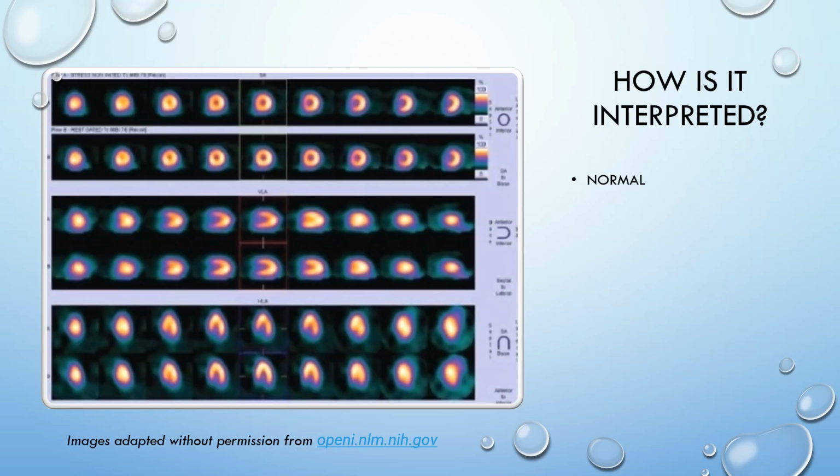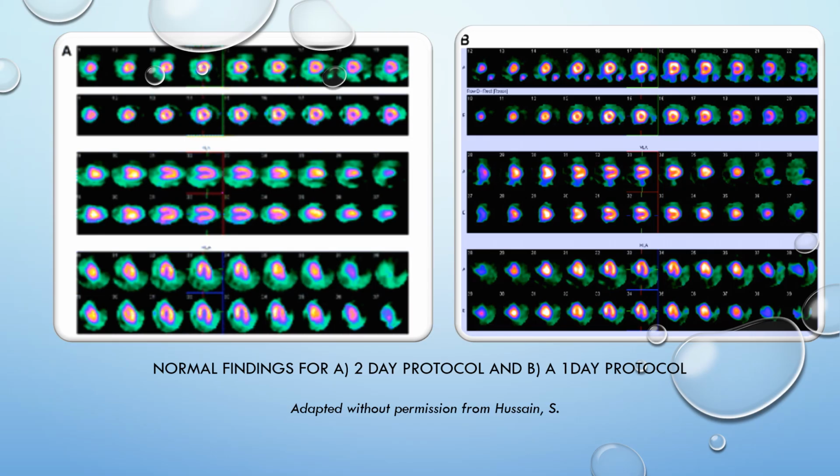So we have talked about this normal picture where you have the rest panels being the same as the stress panels, in the short axis, the VLA and the HLA. This is a normal panel, normal results, and we're all happy.